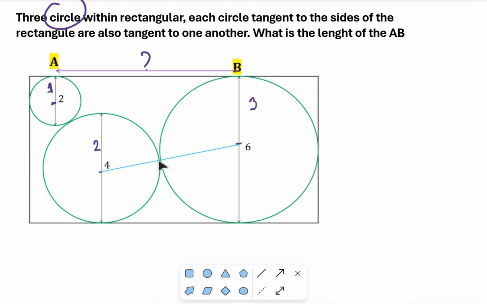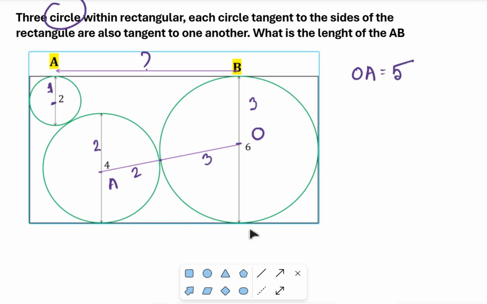So this is the tangent point, and from the center O, this is, let's say, A. So OA, and obviously the radius from O to this tangent point is 3, and up to this one is 2. So OA is equal to 5 units.